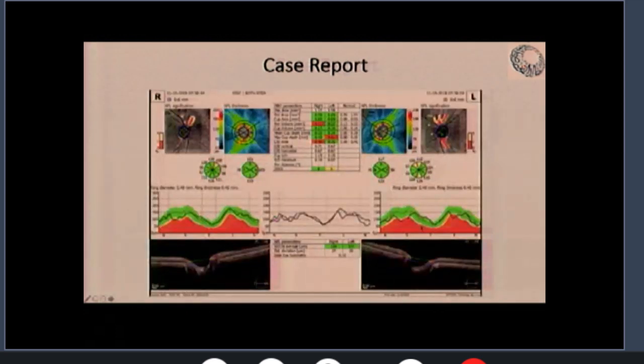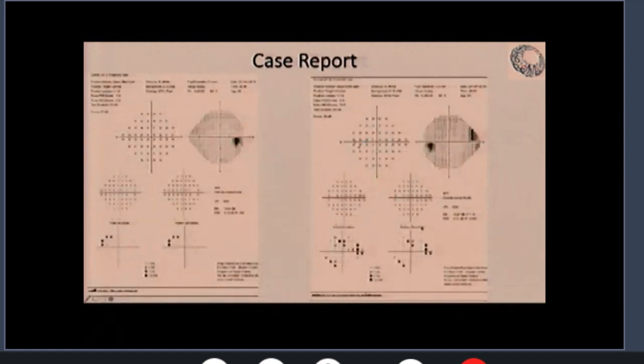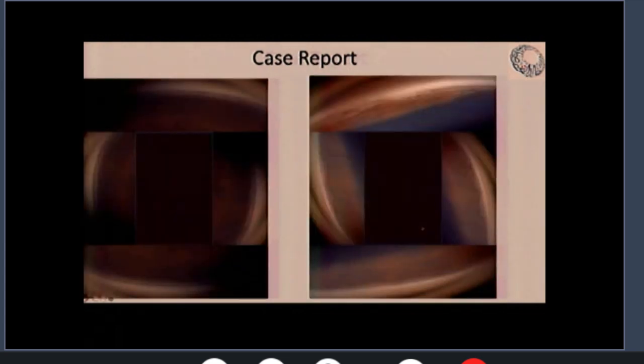This is the OCT. If you have any question, this is what we have. These are the tools. Visual field. Gonioscopic view.